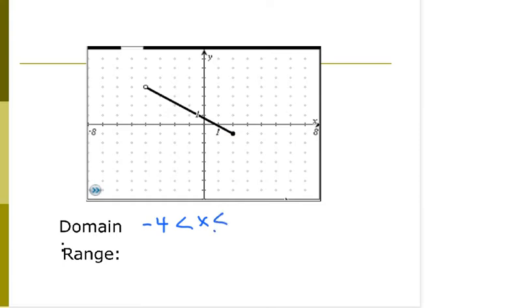Our range would be done in a similar manner. So notice that up at the top here, this point corresponds to where x is +1, 2, 3, 4. So +4 is an upper value.